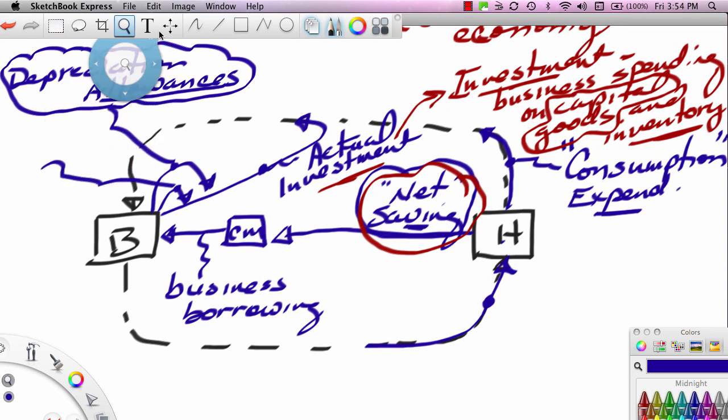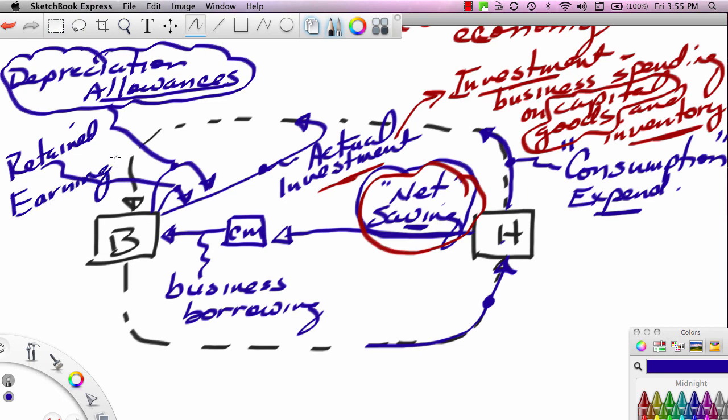Okay, now there's a second basic type of saving, and it's called retained earnings. Remember, the owners of the firm are entitled to the profits. Some of those profits that the firm earns will be paid down to households, dividends.